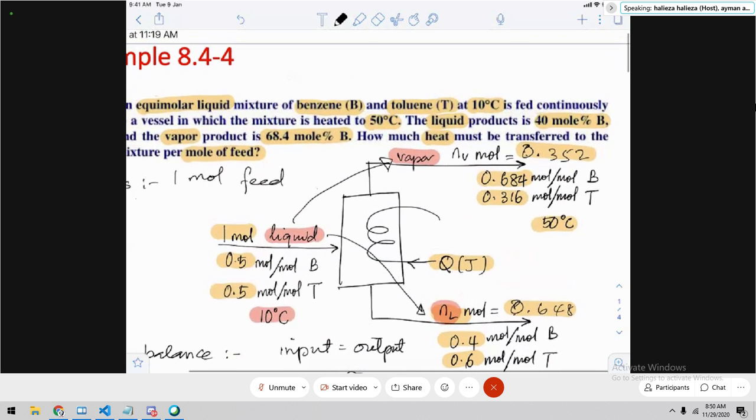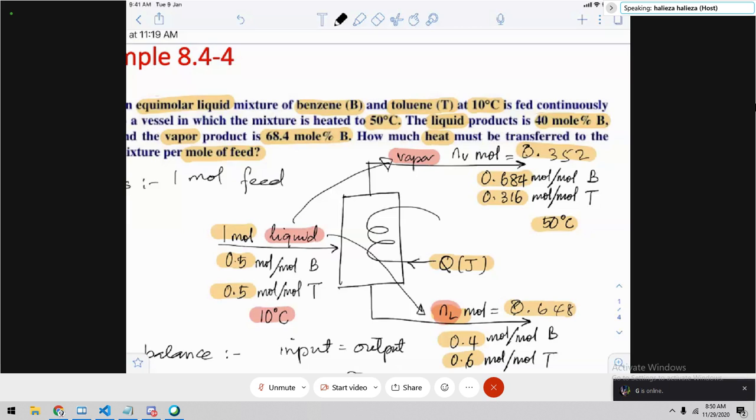Normally, if your feed is at 1 atm, then your distillation should be running at less than 1 atm, in a vacuum state. Normally, that is what happens in the plant. But in this case, there's no mention at all about the pressure. So we are going to assume it's 1 atm because there's no mention.